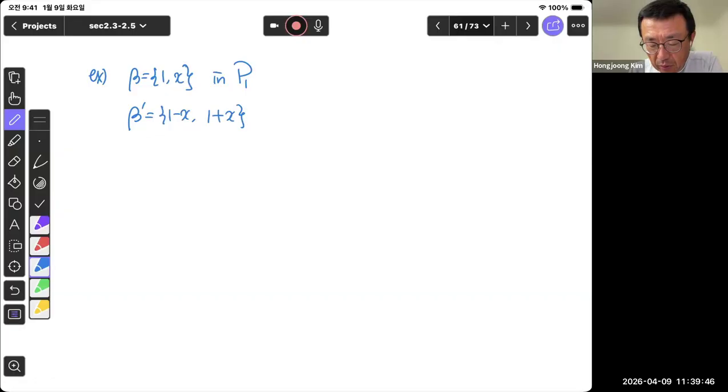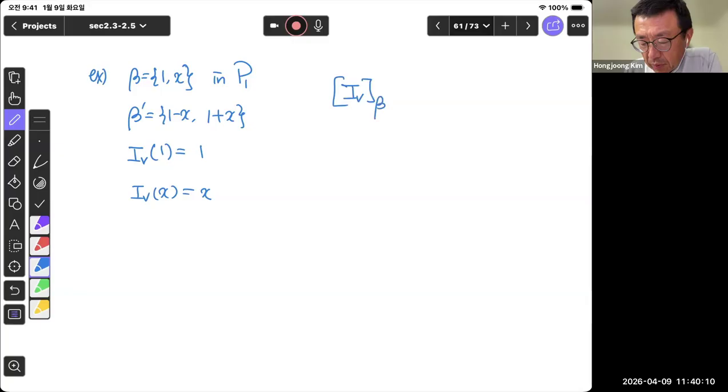Then the identity mapping in P1 space will map 1 to 1 and x to x. That's what the identity mapping does. Then what is this matrix in this example?